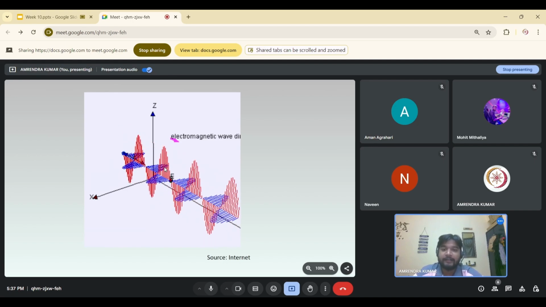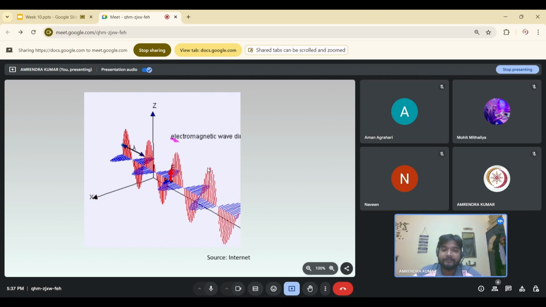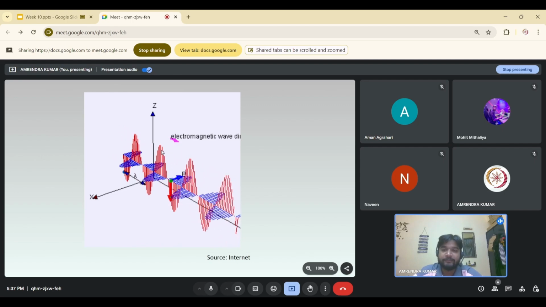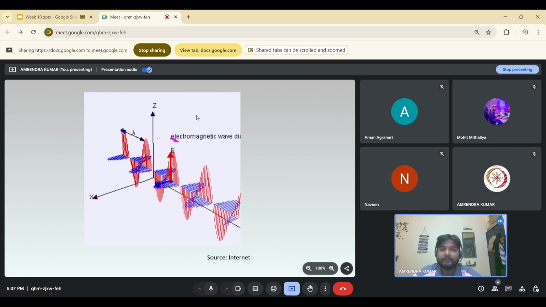One thing you can also notice: since it's a sine wave, it has troughs and higher points.